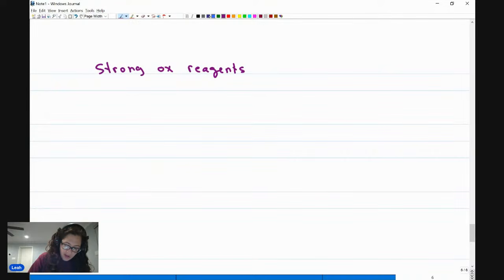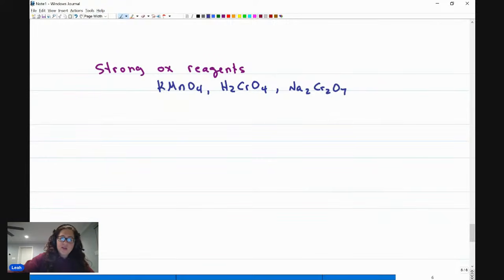And you should memorize these, but I want you to pay attention to what's in here. So you may see KMnO4, H2CrO4, Na2Cr2O7. You'll see a lot of different versions of this kind of reagent with the chromium, for example.